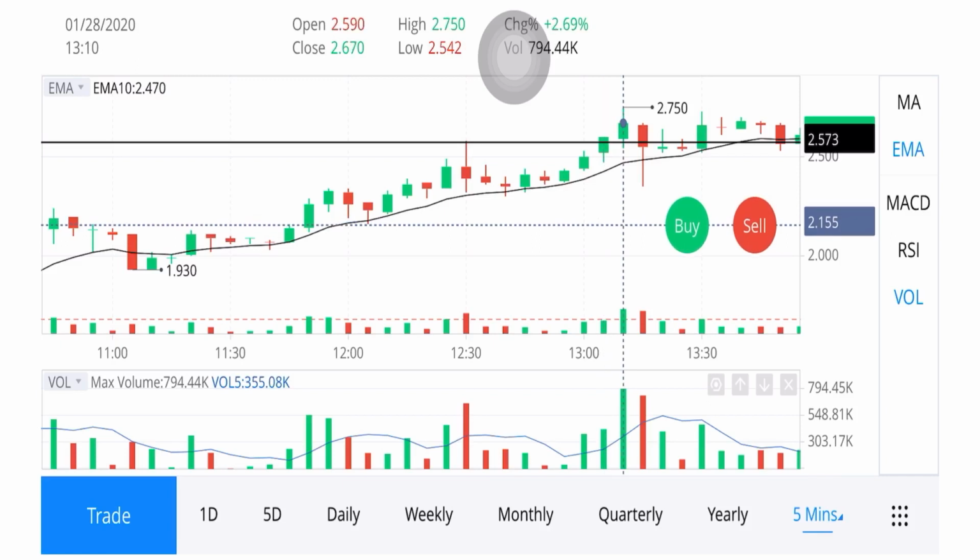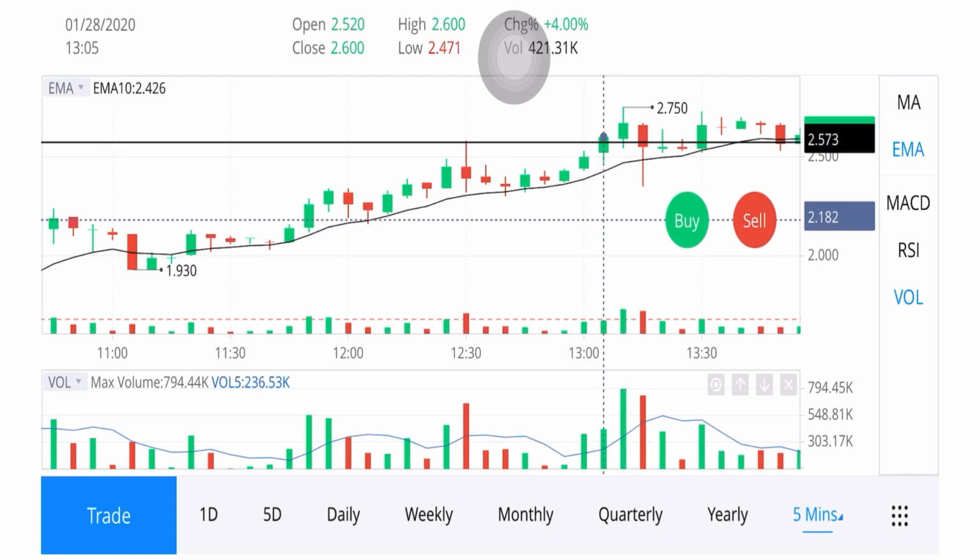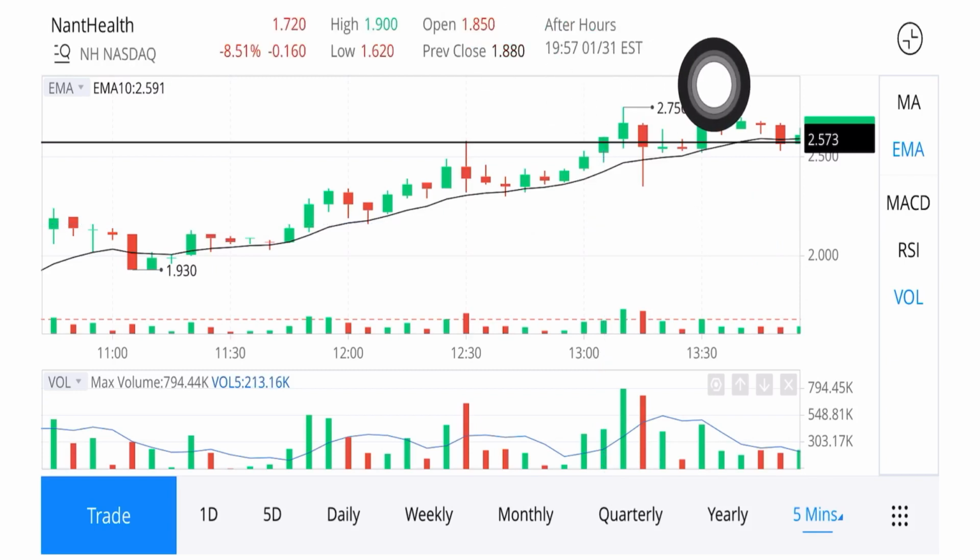Let's say the price action went against you, and you were wrong about the direction you thought the stock was going to run, you would have been stopped out on a 2-cent loss, and you're usually not going to get stopped out on a setup like this, because this is a very, very high chance that once the resistance is broken, the price is going to run up. So just keep that in mind.